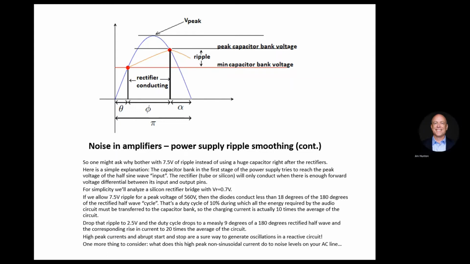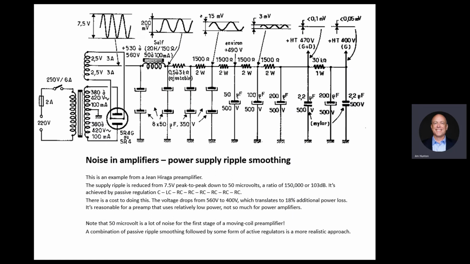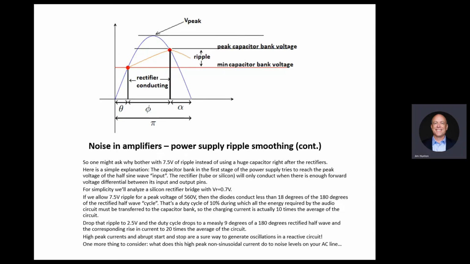If you don't allow a lot of swing in your first level capacitor, like here, 7.5 volts swing, if you don't allow that level of swing in percentage, then you end up basically with a capacitor bank that's almost at the top voltage, close to the peak of the sine wave in voltage, which means instead of conducting from this point to this point, it's now going to conduct from this point to this point.